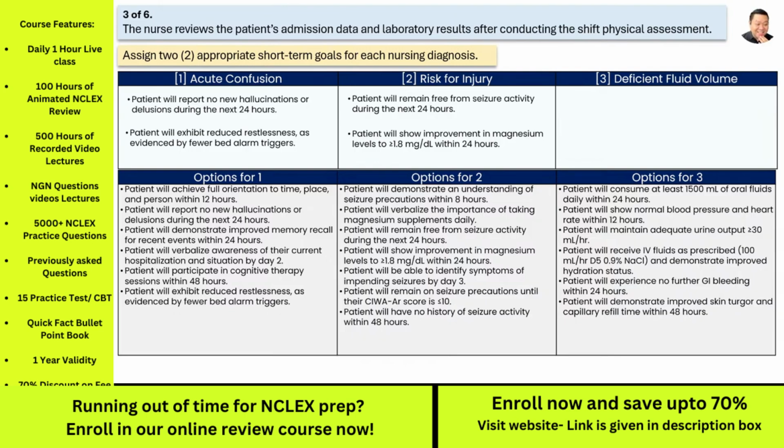Now, if you selected patient will remain on seizure precautions until their CIWA-Ar score is equal or less than 10, well, this is also incorrect. We know that seizure precautions are necessary, but the CIWA-Ar score may not reliably predict when the seizures will occur.